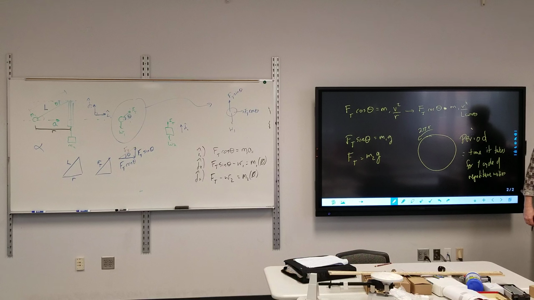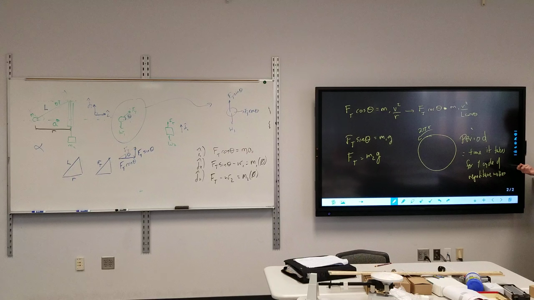So if I was talking about the period of the Earth going around the sun, that would be 365 days, or 1 year. It takes closer to 365 and a quarter days.